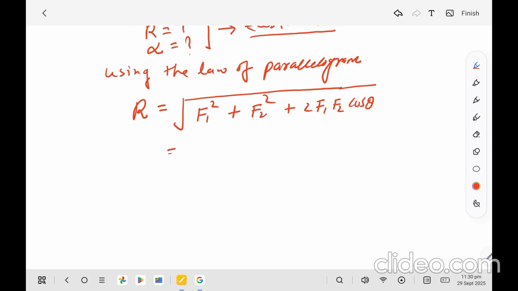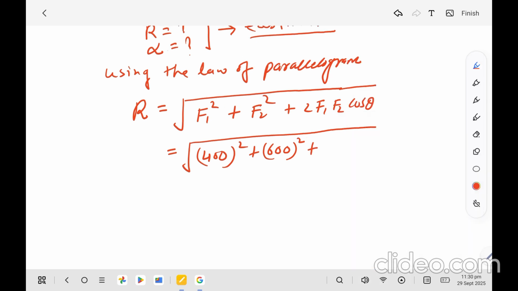Now we can substitute the values: 400, 600, plus 2 into 400, 600 into cos 60, which is 1 by 2.